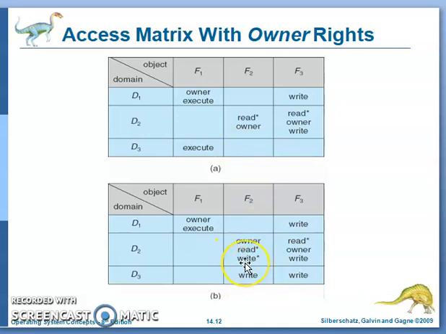Write star is also added here, because this is the owner; he has the control to add any rights or remove any rights along this column only. Now similarly this is the owner, so can add any right or remove. Here is read star, same owner right, and add the write operation. This write operation is added by the owner.